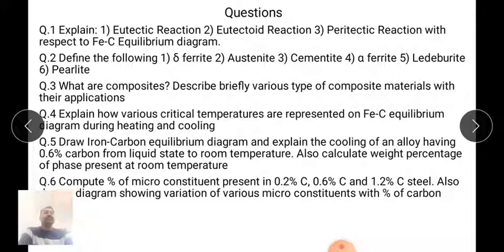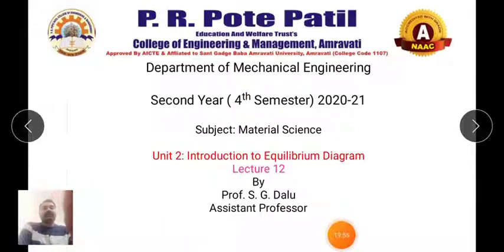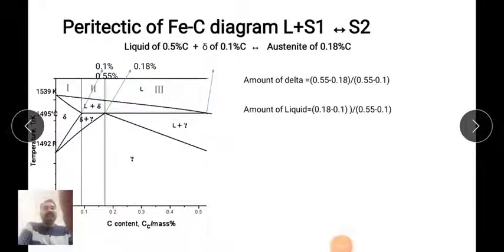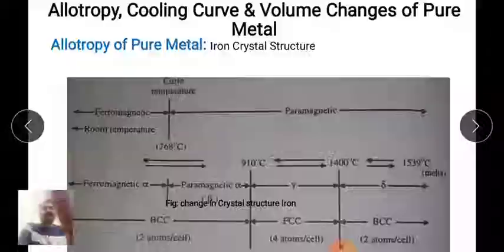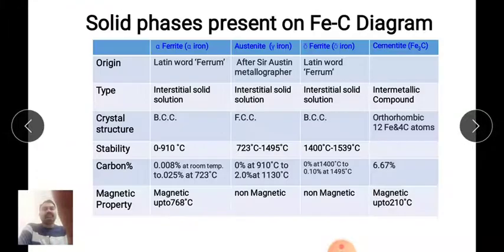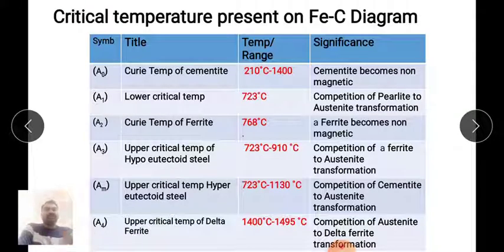Okay, so likewise in the table form we have explained all the critical temperatures. Here we can observe all the critical temperatures: the Curie temperature of the cementite, the lower Curie temperature for ferrite, the upper critical temperature for hypoeutectoid steel, and the upper critical temperature for delta.